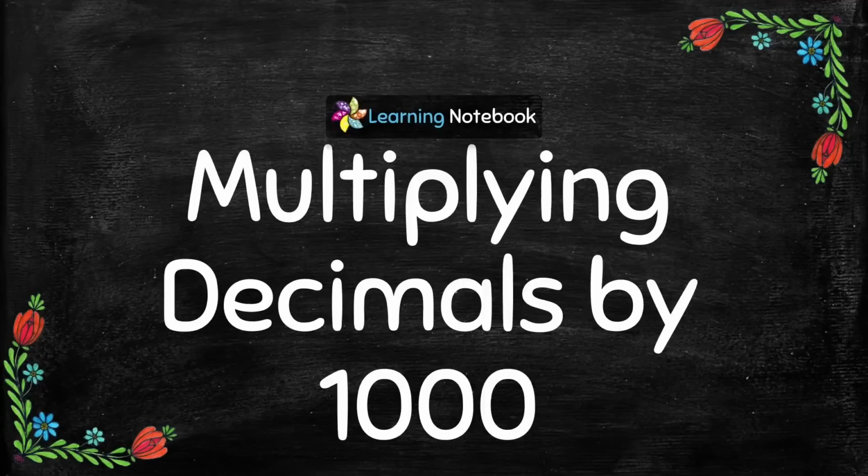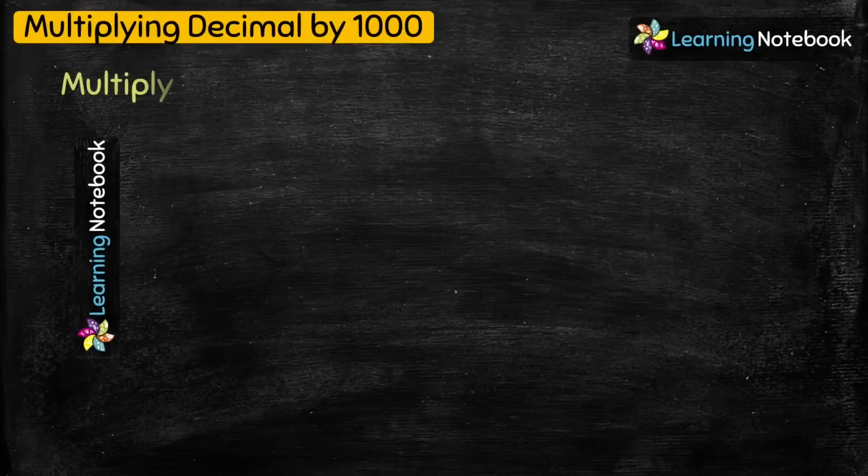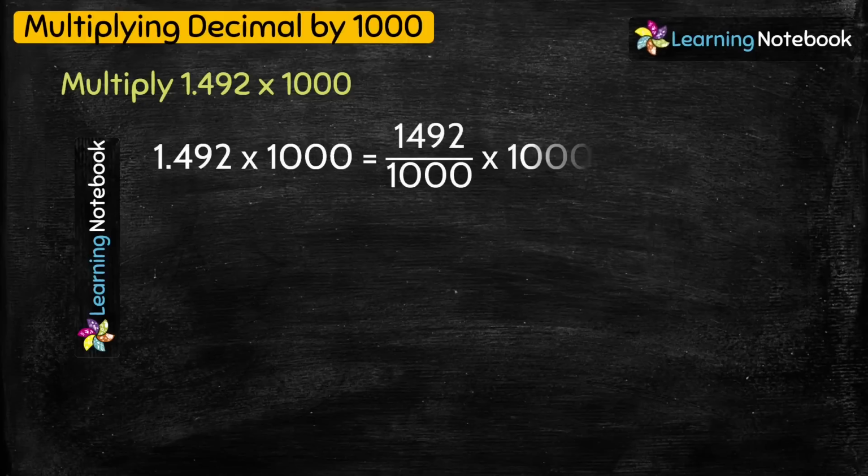Now we will learn how to multiply decimals by 1000. The question is, multiply 1.492 by 1000. So first let's convert this decimal number into a fraction. And since there are 3 decimal places, the fraction will be 1492 by 1000.